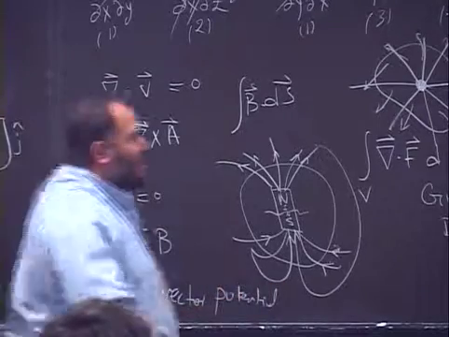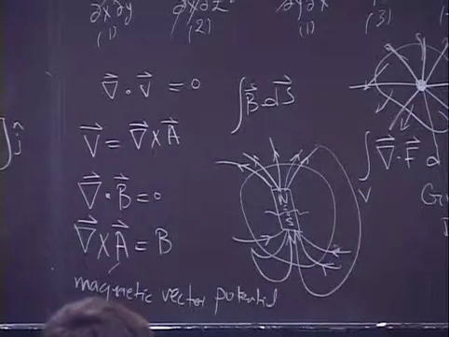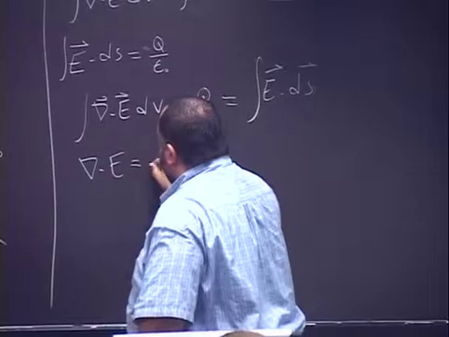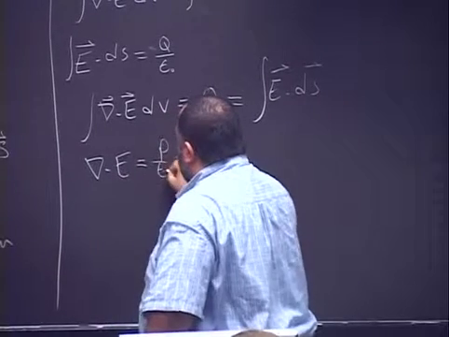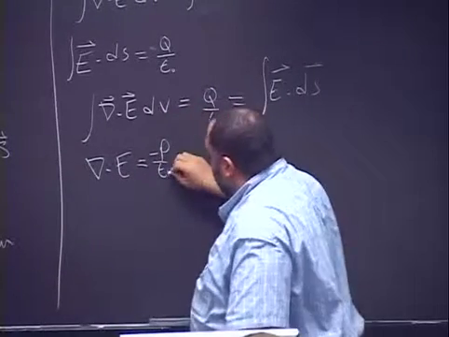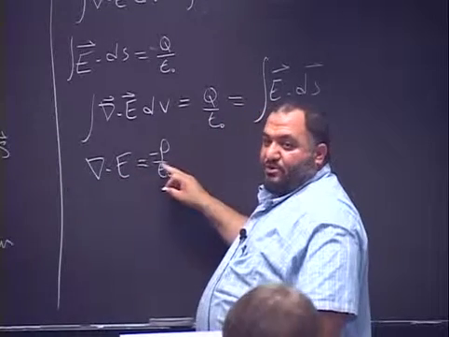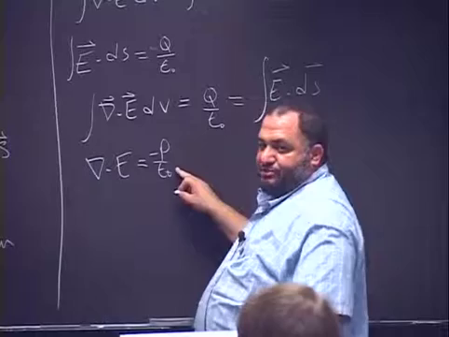So in electrostatic, divergence E is equal to what? Rho over epsilon naught. It does not equal 0, because the electric field is coming from a charge.